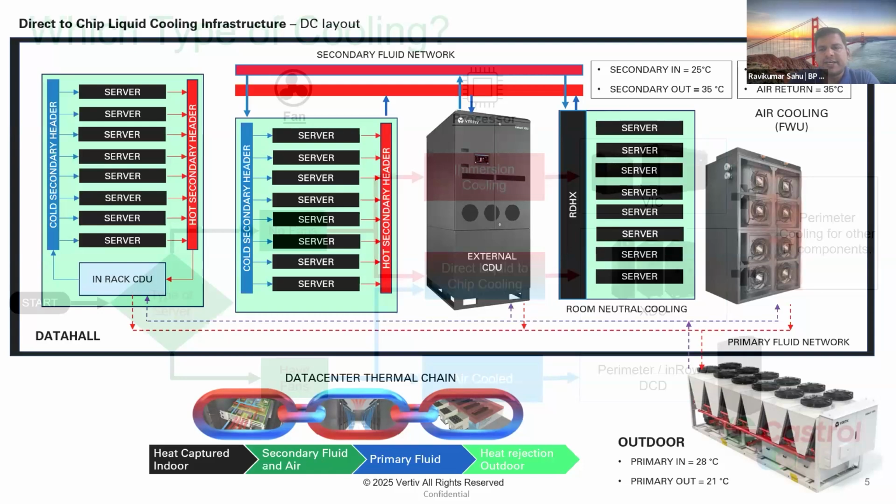From the CDUs, it passes to the outdoor unit, maybe a chiller or adiabatic dry coolers. Two fluid networks are required: a secondary fluid network, where your PG25 is flowing, and a primary fluid network, where your water is passing through.